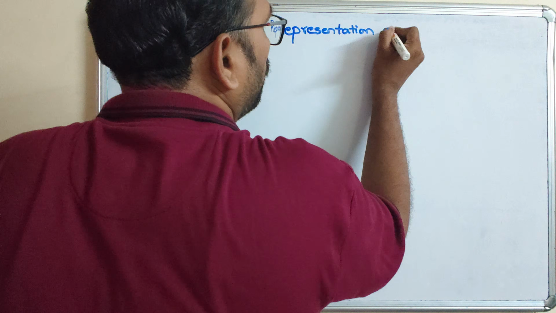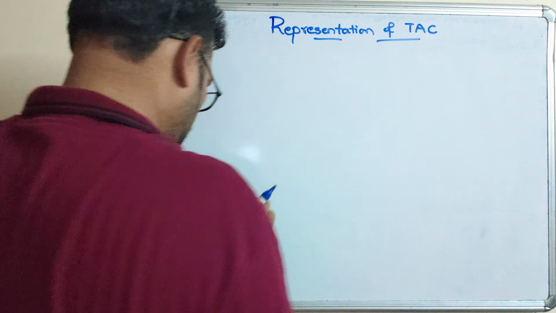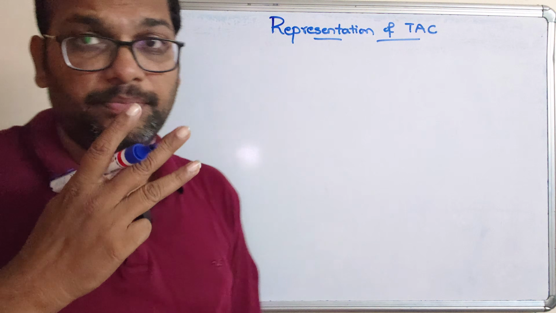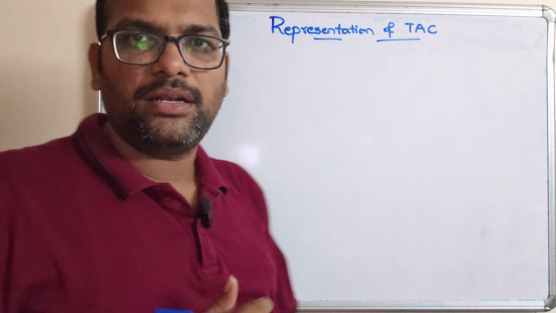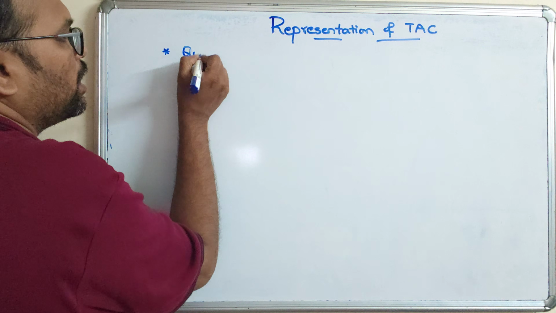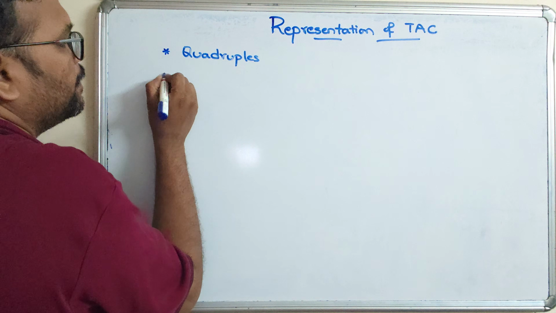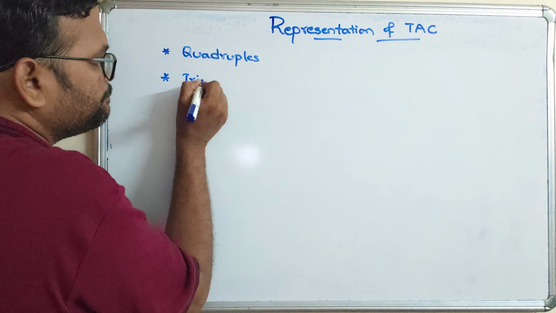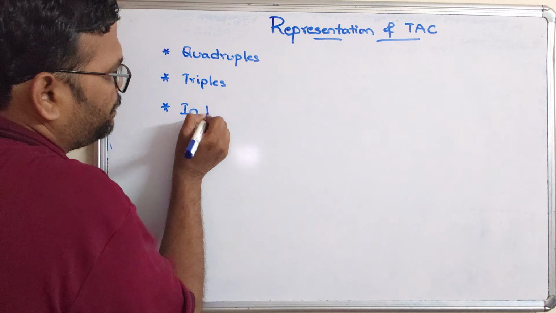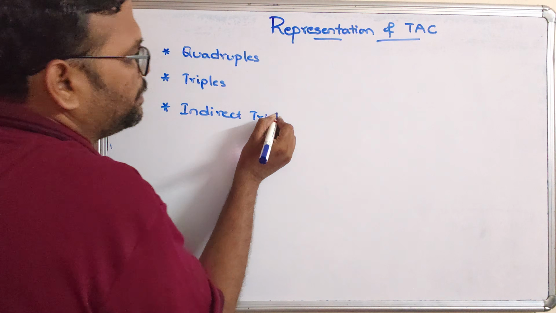Representation of three address code. We'll take an example and see. There are mainly three ways we can represent three address code: quadruples, triples, and indirect triples.